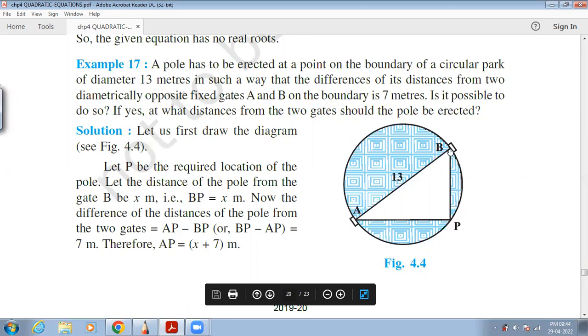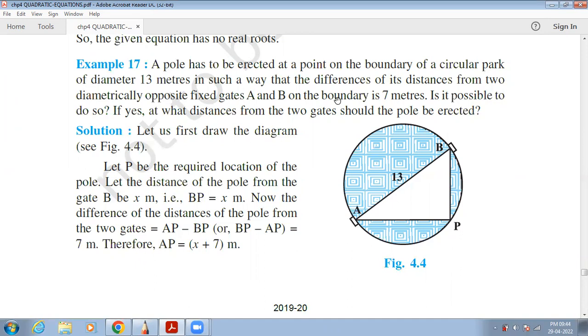It's already told that A and B are diametrically opposite to each other and P is placed such that the difference of the distances from the two is 7. So if from one it is X distance, then from the other it will be X plus 7. As simple as that, right?